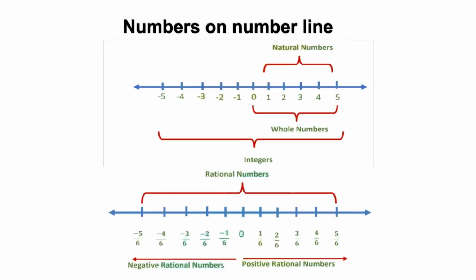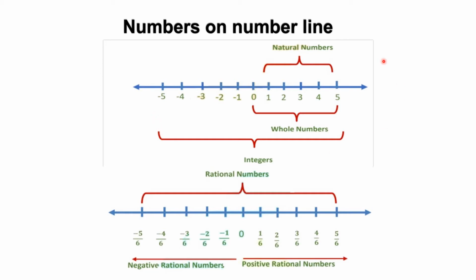In the previous classes we have also discussed the representation of numbers on the number line: how to represent natural numbers, whole numbers, and integers. In the number line, at the center we have 0, on the right-hand side we have the positive numbers, and on the left side we have the negative numbers.